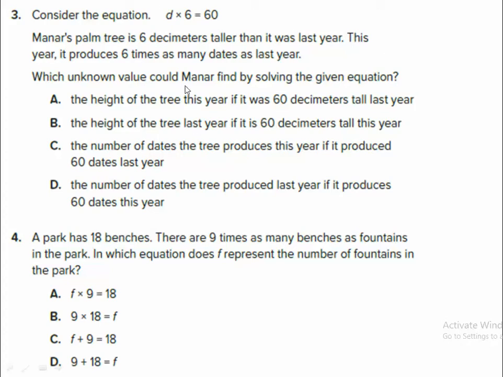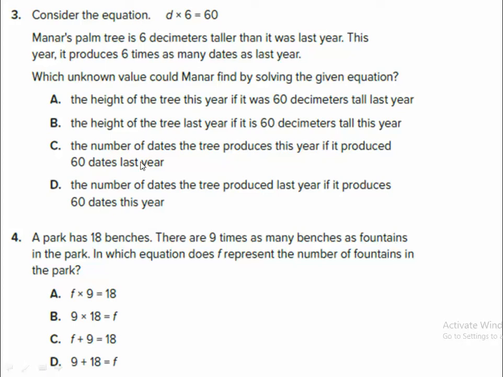The height of the tree this year, if it was 60 decimeters tall last year, it's not important for me to calculate the height. The height of the tree last year also, it's not important. The number of dates the tree produces this year, if it produced 60 dates last year. No, it's wrong.